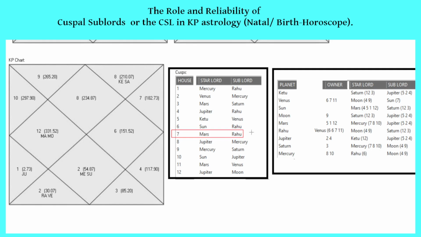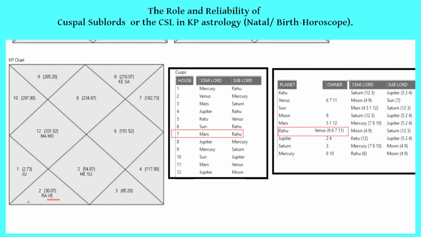Now in this chart, you can see that Rahu is with Venus over here, and Rahu is also in Taurus. So Rahu indicates Venus, right? So Rahu is indicating the seventh house, and Rahu is also indicating the 11th house.